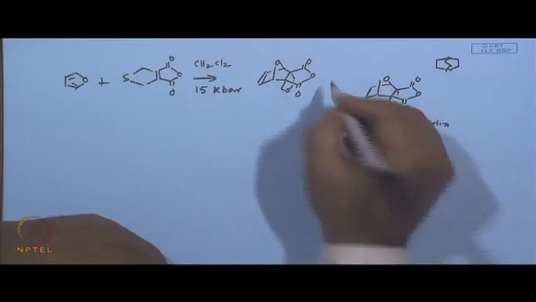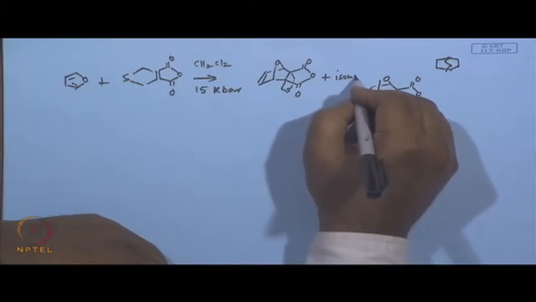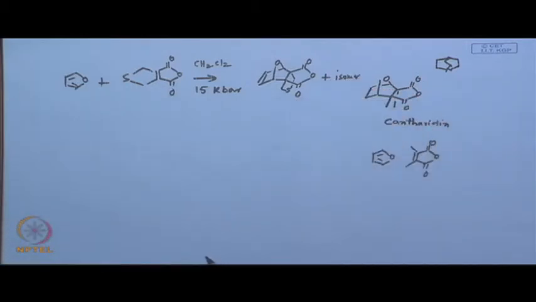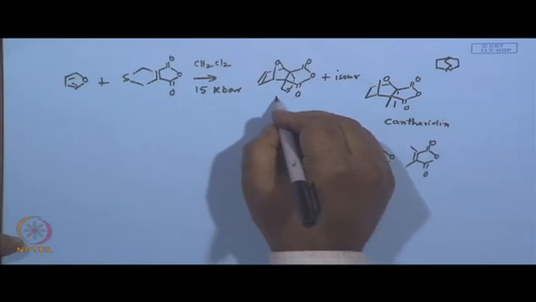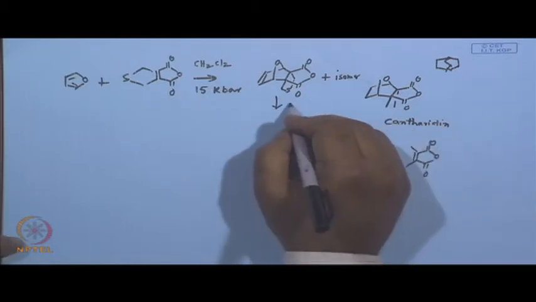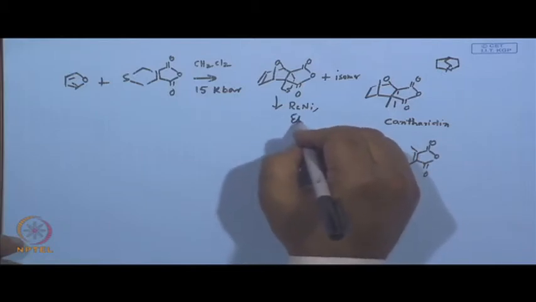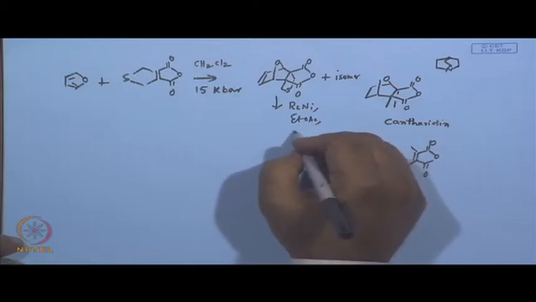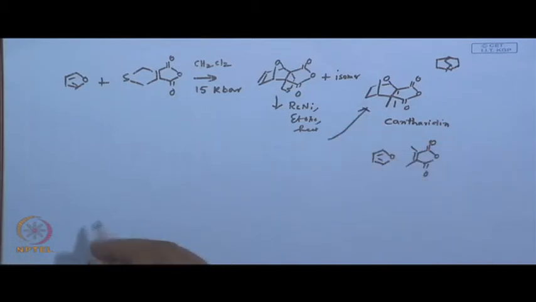The other one was the isomer, the endo isomer. And now what? Raney nickel, the other solvent is ethyl acetate, and of course a little heat, and you get to this product.